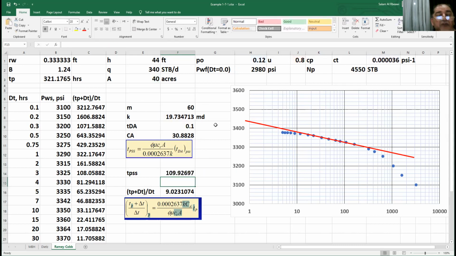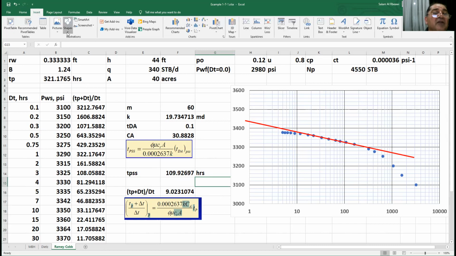See? So it is 110 almost, while your production time is 321. So basically, your production time is more than tpss. This is why you have to use this model here. So now you got 9.